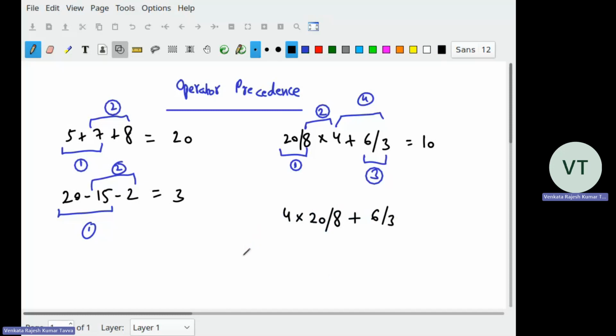So which operation will be performed first? 4 into 20 by 8, but within this there is a multiplication and there is a division. Which operation will be performed first? 20 by 8. Okay, then this will be 2. I mean 2 into 4, 8 plus 2, 10. 10 should be the result, right? Okay, so let's try.